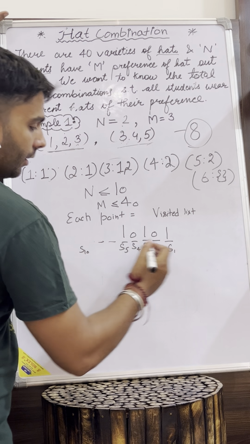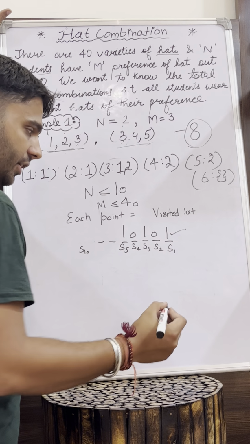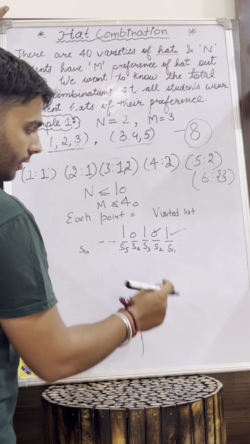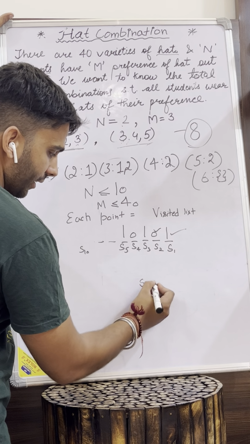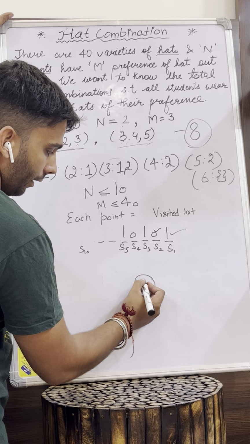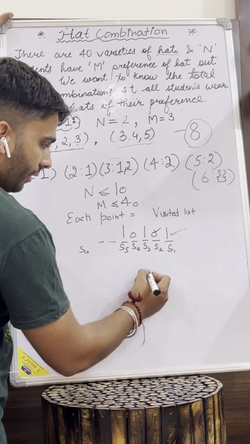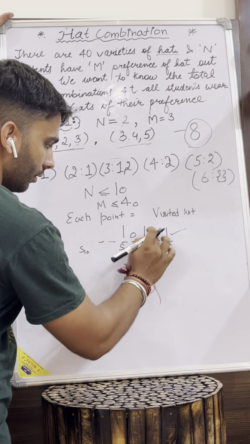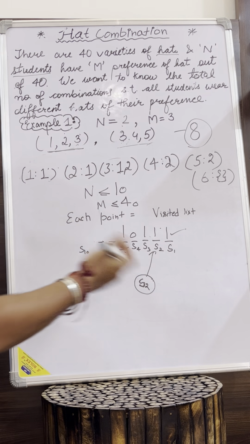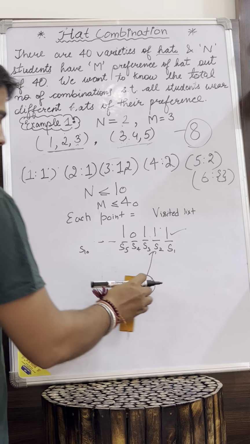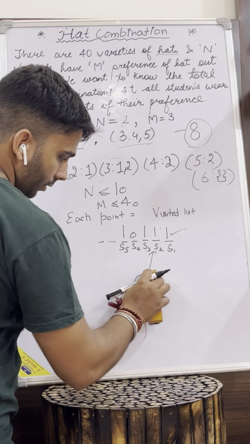Suppose this is a binary number. If it's 1, it means already visited. If it's 0, it means not visited. So at any point we reach a hat which tells us that S2 can wear it, then we can simply say okay, add to our answer and make it 1, right? At any point if we end up in that situation, right?